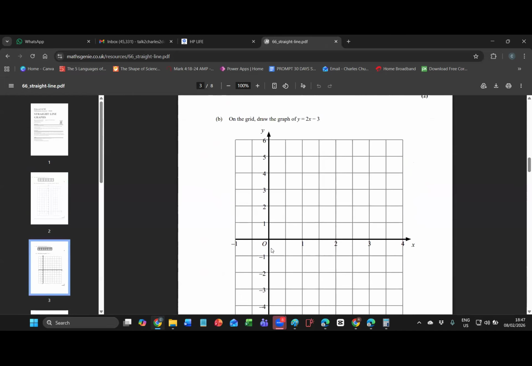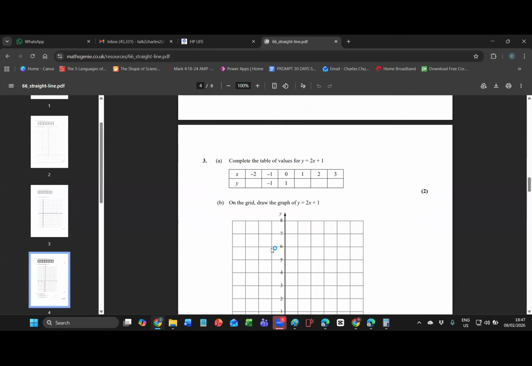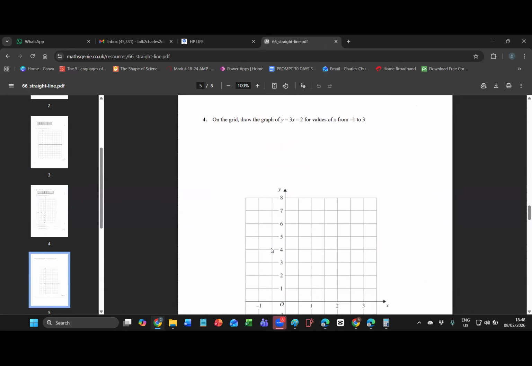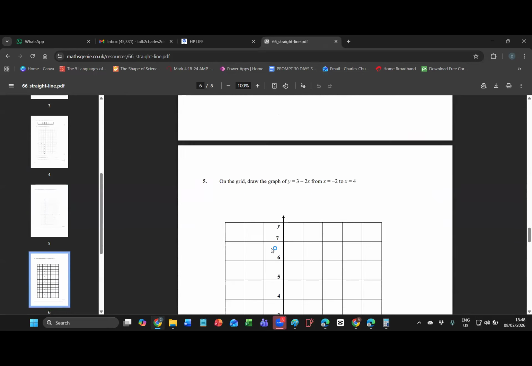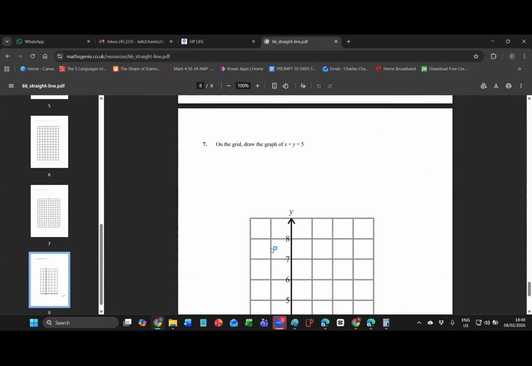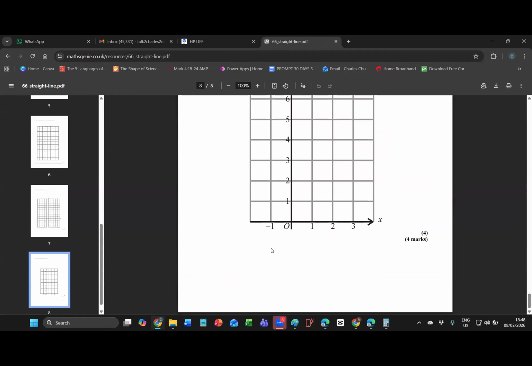Did you people also do some like this that did not really involve conversion? Because this one is not conversion per se, but it just has to do with straight line graphs. Did you do any ones like this? No. Okay. Well, these ones look more straightforward.